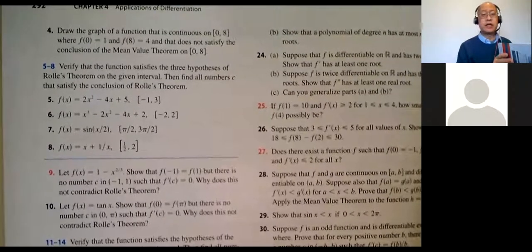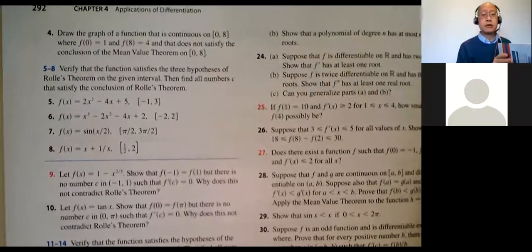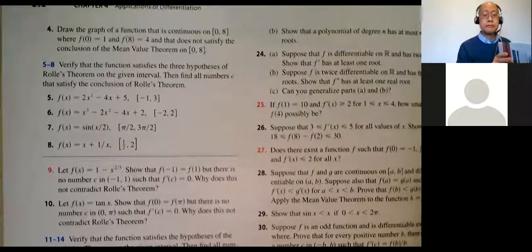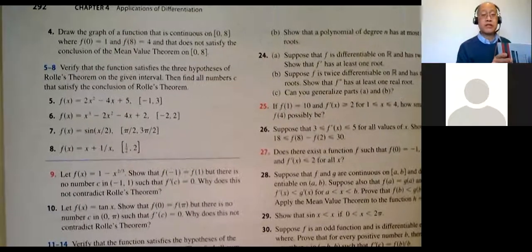Then find all numbers c that satisfy the conclusion of Rolle's theorem. Okay, so 5 and 7. So how do you do that stuff? I'll do 5, you do 7.